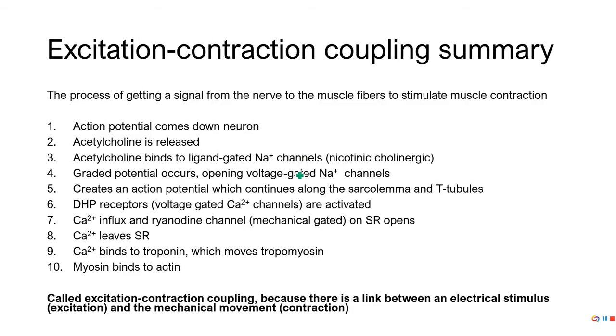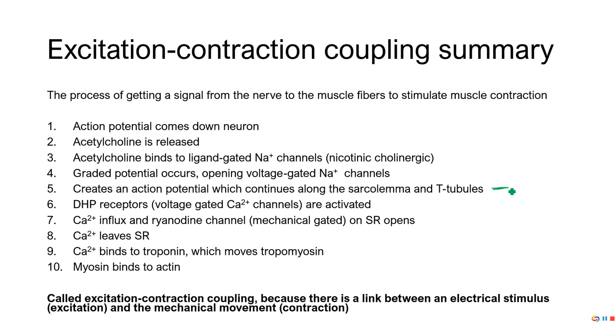So we basically got to this part right here. Okay, and then my picture doesn't really show it. I've got another one that's coming up here in just a minute that will. But what happens is that action potential goes down along the membrane and into the T-tubule, where it activates a voltage-gated calcium channel called a DHP receptor, which lets calcium into the sarcoplasm.